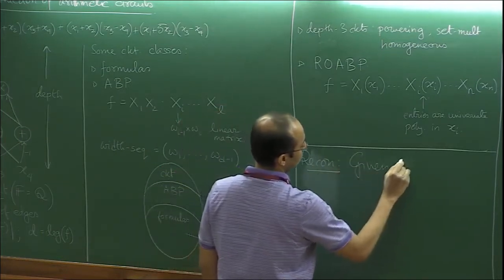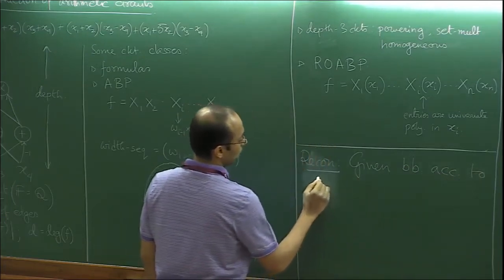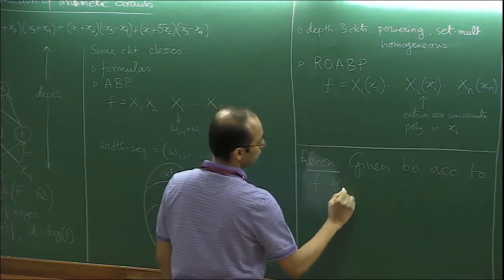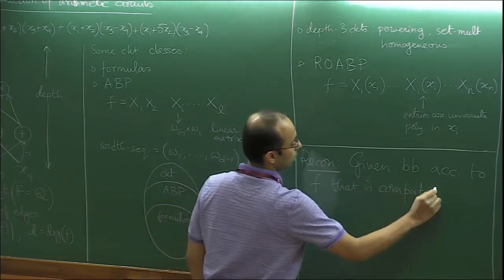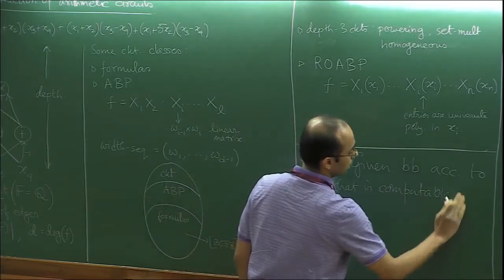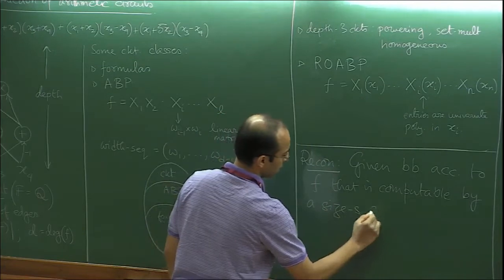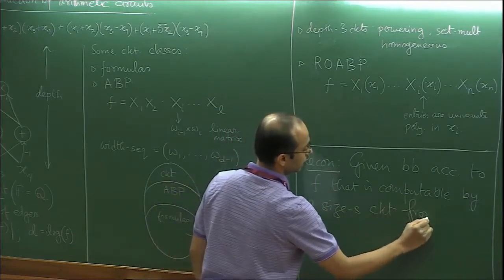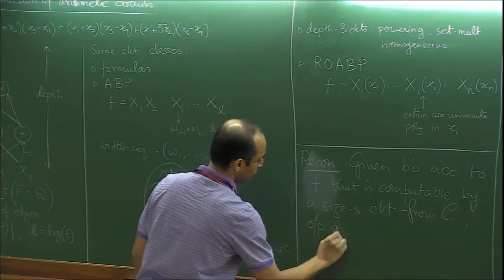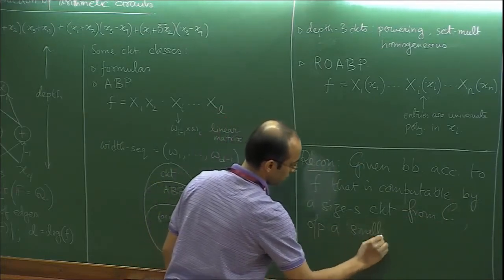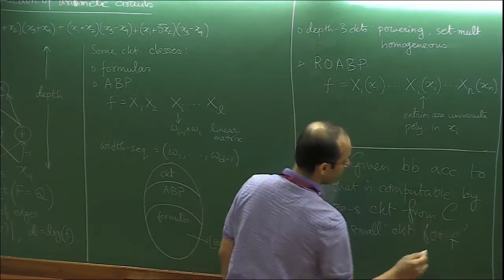Given black box access to a polynomial f that is computable by a size s circuit from a circuit class C, output a small circuit for f.